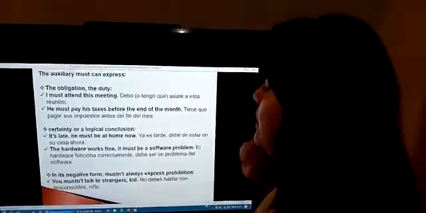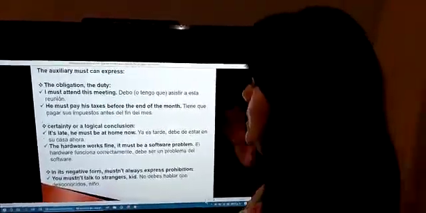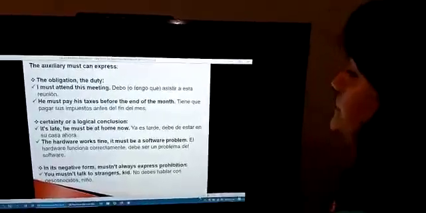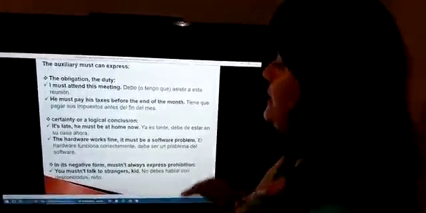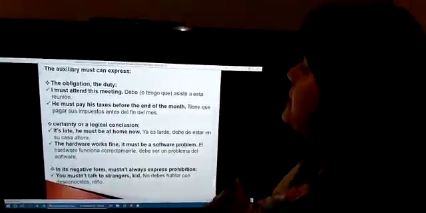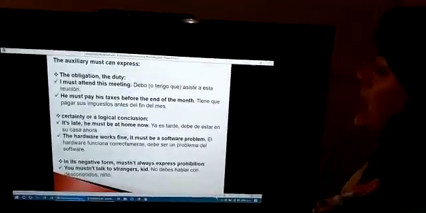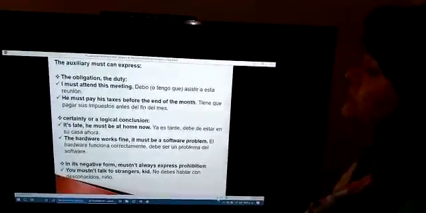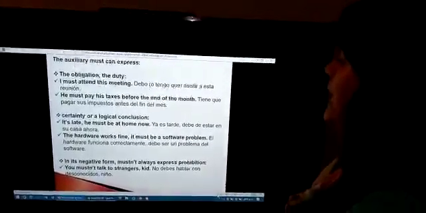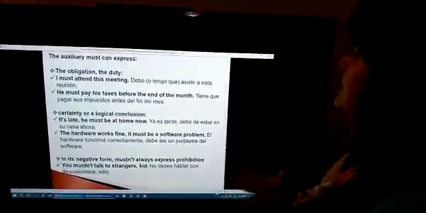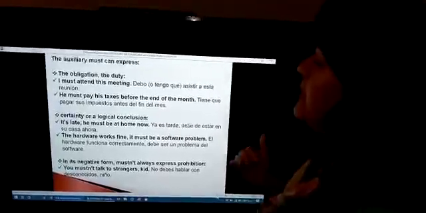Another use is a logical conclusion. What is a logical conclusion? It is late. He must be at home now. This is my example in English. In Spanish: ya es tarde, debe de estar en su casa ahora.